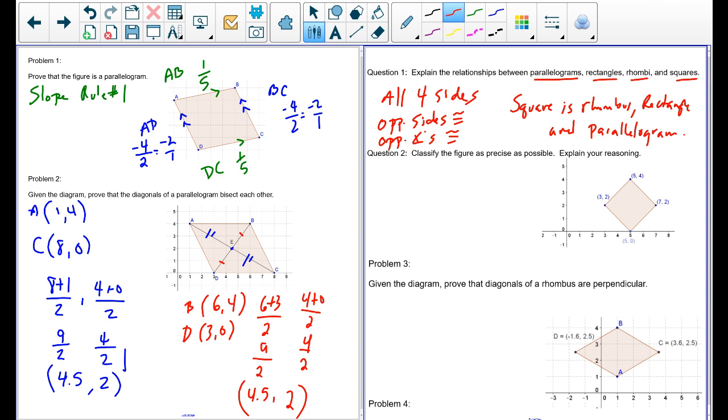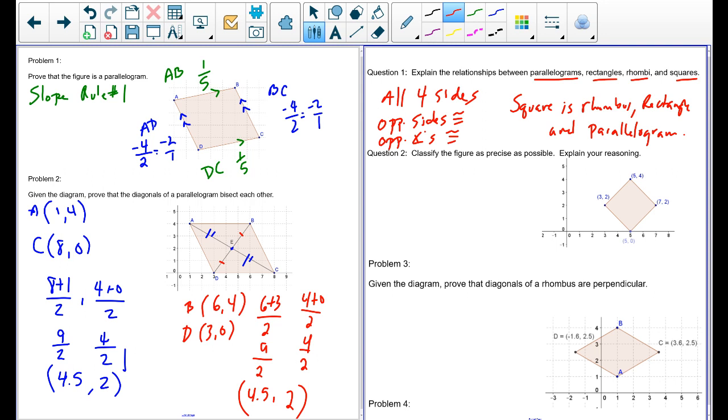It says classify the figure as precisely as possible, explain your reasoning. Now, I would start with the most specific one, okay? So, most exact. Of our four options here, parallelograms, rhombus, rectangles, squares, which one is the most precise?